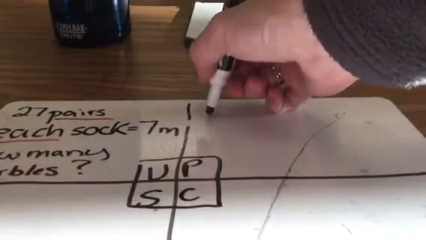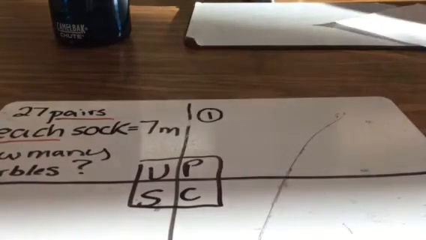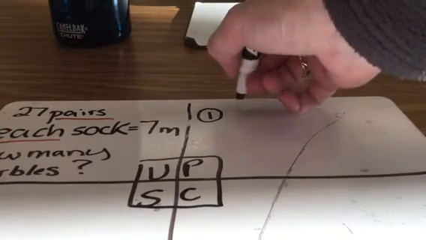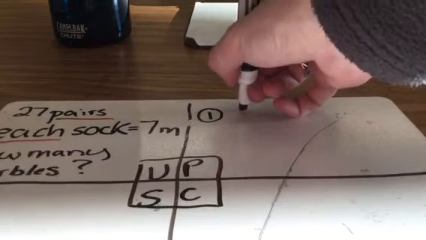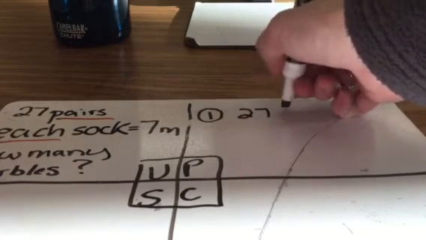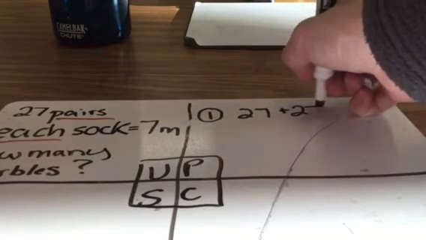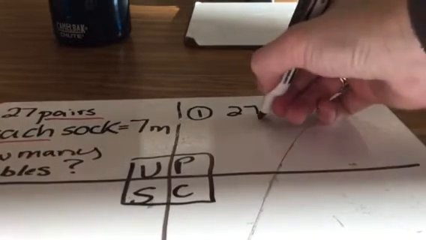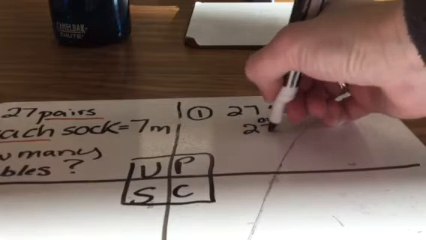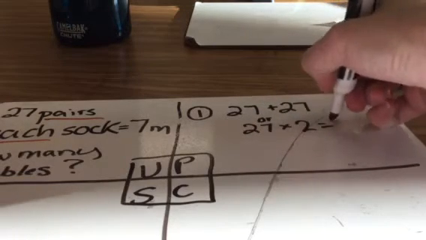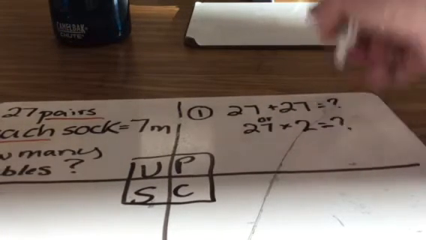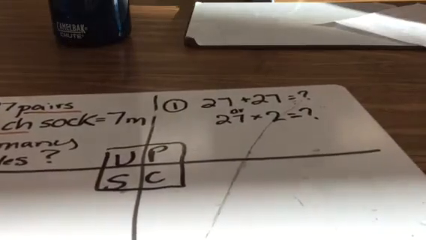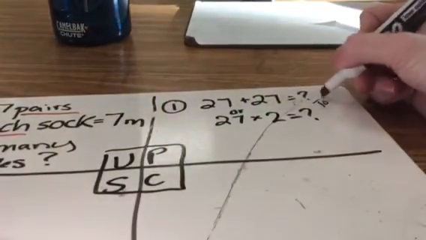If he has 27 pairs of socks, he has 27 left foot socks and 27 right foot socks, or 27 times 2. Okay, that tells me a total number of socks.